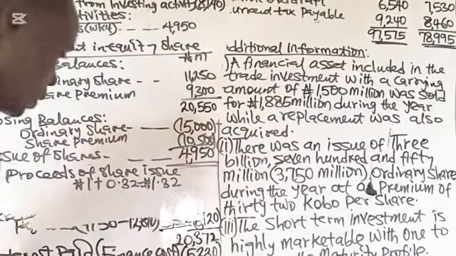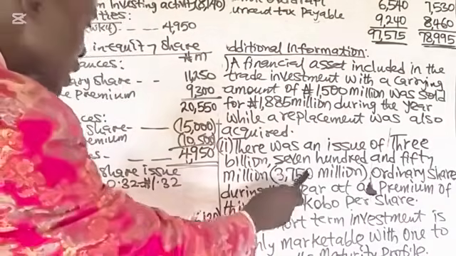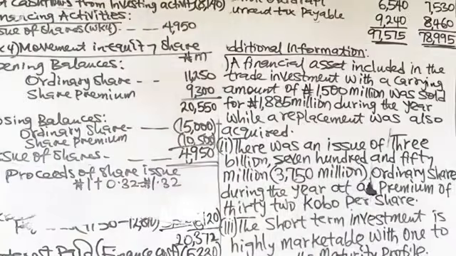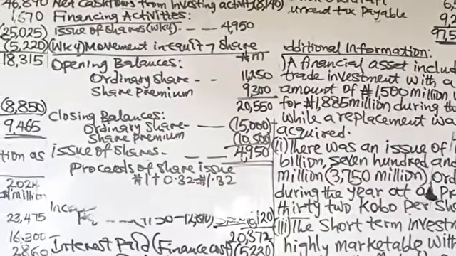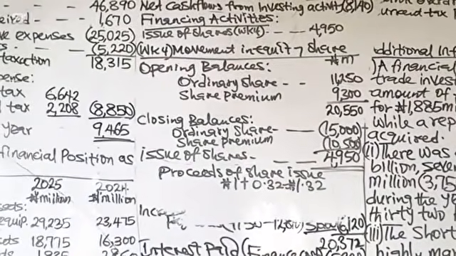So the share issue is 3,750,000 times 1 naira 32 kobo.